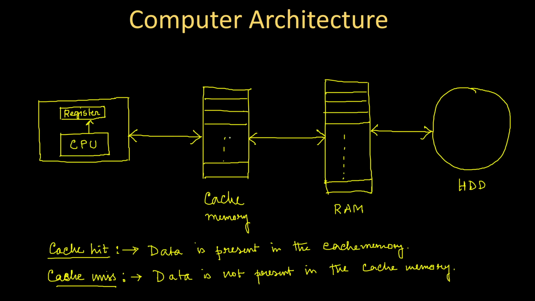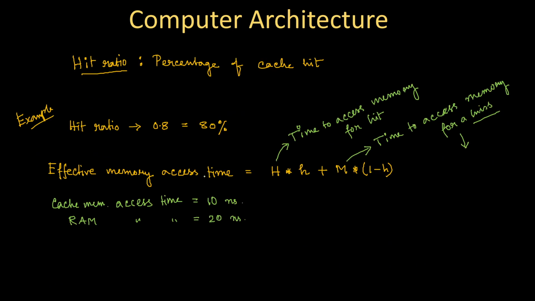But ultimately, if we consider the effective memory access time, we have to consider that time also. That means this M includes the time to access cache memory plus time to access RAM, both. And accordingly, we can easily find the answer.